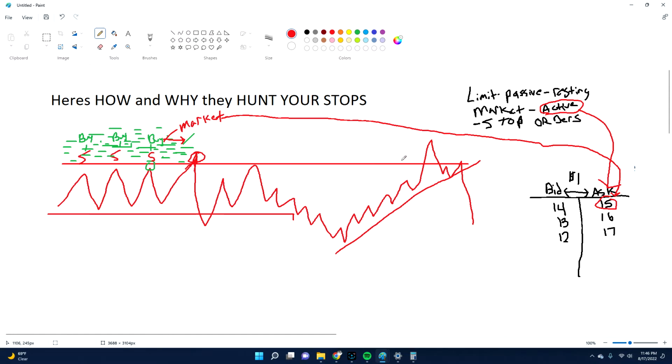Now you say, how can they be buying and selling at the same time? It's very simple, guys. If your order is a market order, as they aggressively buy this up to reach this pool of orders, all they have to do is place orders above the market.